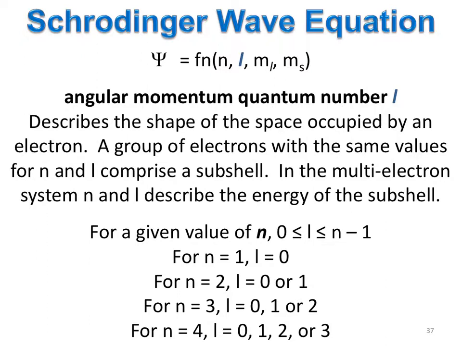In n equals 2, the second shell, the angular momentum quantum number can be a 0 or a 1. It is not both at the same time. And so forth as we go up in the shells in the atomic orbitals.